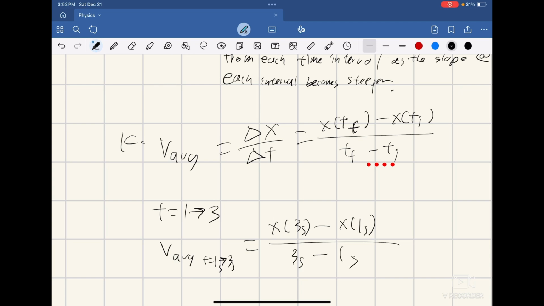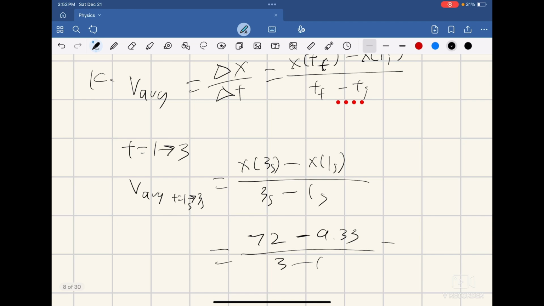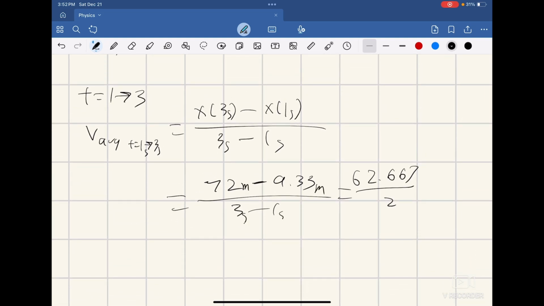I still have the formula in my graphing calculator, so I'm just going to use that. x of 3 is 72, and x of 1 is 9.33, over 3 minus 1, and that simplifies to 62.667 over 2. I should write this down: meters per second. So what we're left with is 31.33 meters per second in the positive x direction.